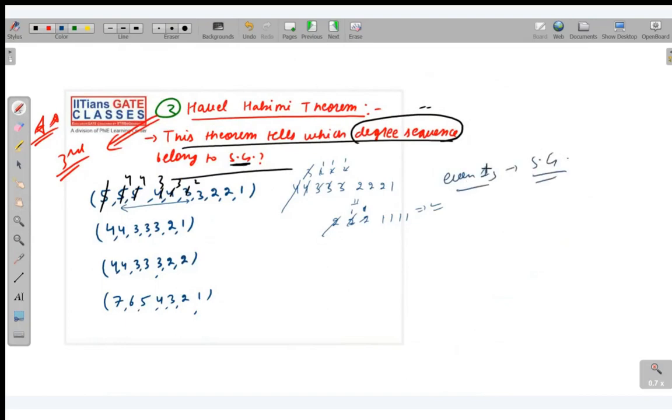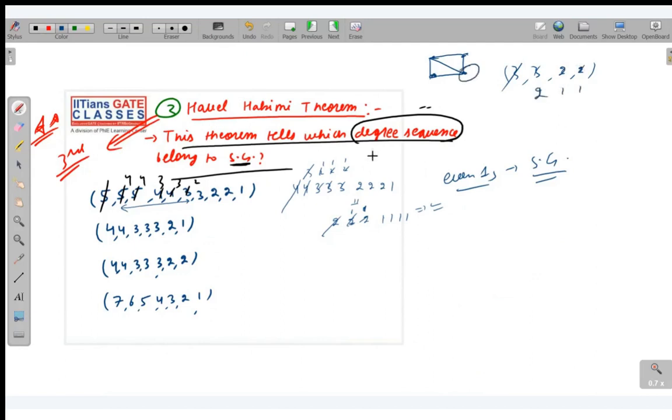Okay, if you want proof, I will simply say it like this. See this. If this is a graph, you will say 3 3 2 2 is the degree sequence of this graph. Now what the Havel-Hakimi theorem is saying: you cut this 3 and subtract 1 from the next three. So you will get 2 1 1. Directly, I want to say you delete this vertex.